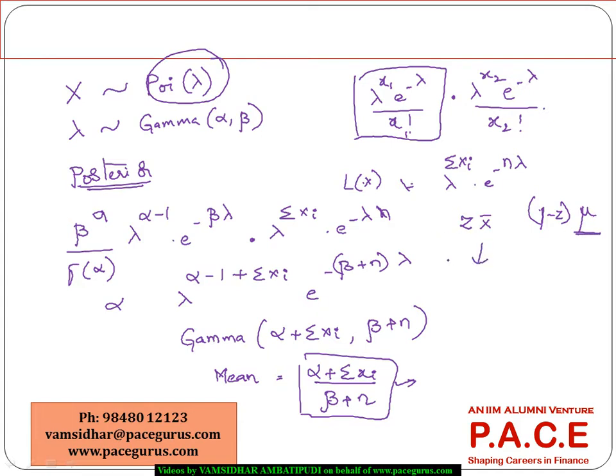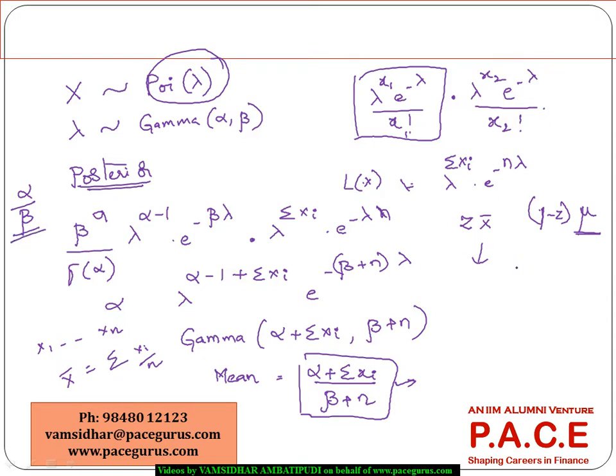Now what is my x bar here? Whatever is the mean that I am getting when I am using purely my own risk data, X1, X2, X3, and so on. X1 is my risk data. So X bar is nothing but sigma Xi by N. And here mu for me is based on the prior distribution, so the mean is alpha by beta.